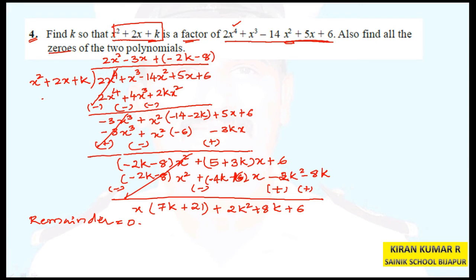If the remainder is equal to 0, I can write our remainder obtained as 0 times of x plus 0. So let me write it, x times of 7k plus 21 plus 2k square plus 8k plus 6 equal to 0 times x plus 0.